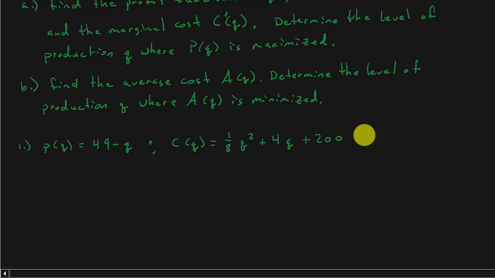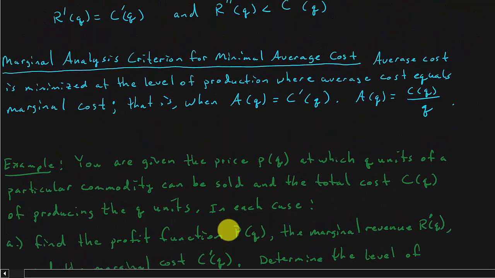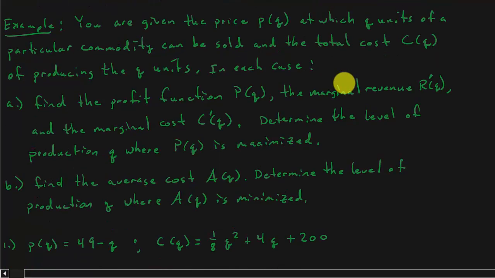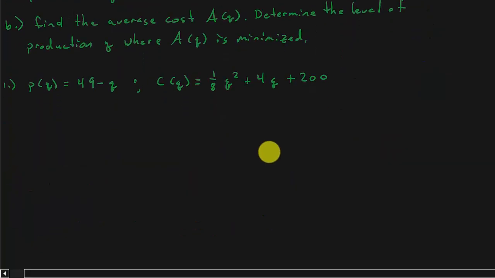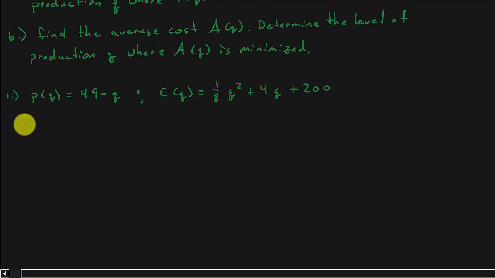All right. So let's find all this stuff. We're going to find the profit function. Well, in order to do that, we got to have the revenue and the cost function. They give us the cost function. So we actually need, and this is part A, we need the revenue function.